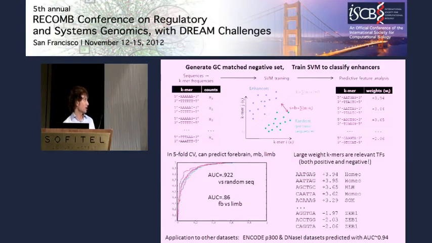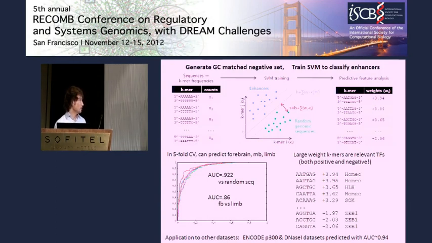Okay, and the result of this classification is a list of Kmer weights that describes the black boundary that you can't see between these sequences, which I can see very well here. I apologize. There's a lot of data in my talk that you'll just have to take my word for.